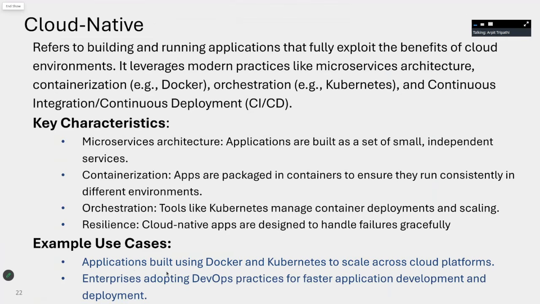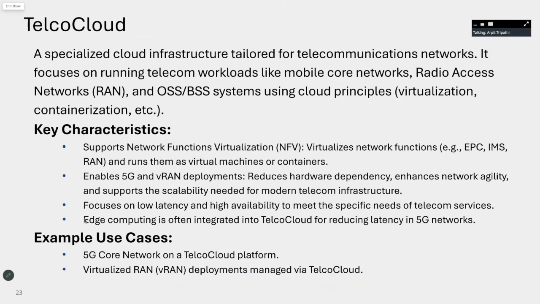For example, an application built using Docker or Kubernetes can be scaled across various cloud platforms. The key characteristics are microservice architecture, containerization, orchestration, that means stitching these microservices together, and finally resilience.